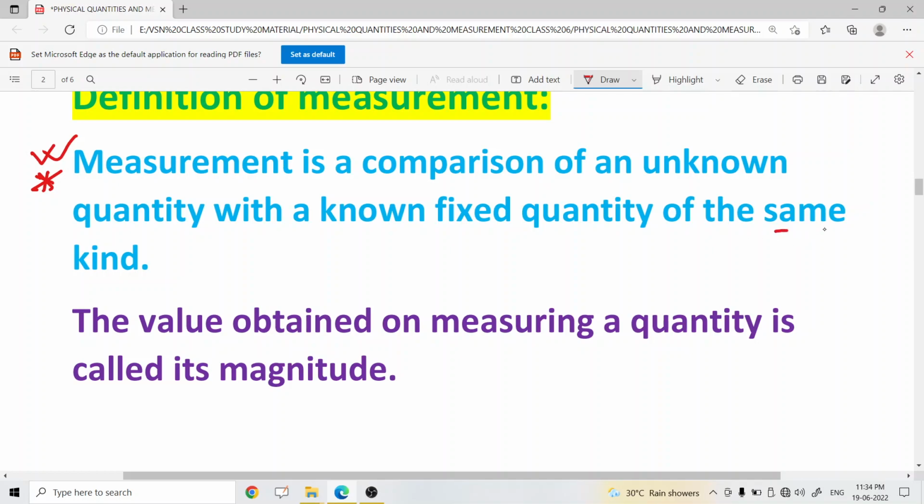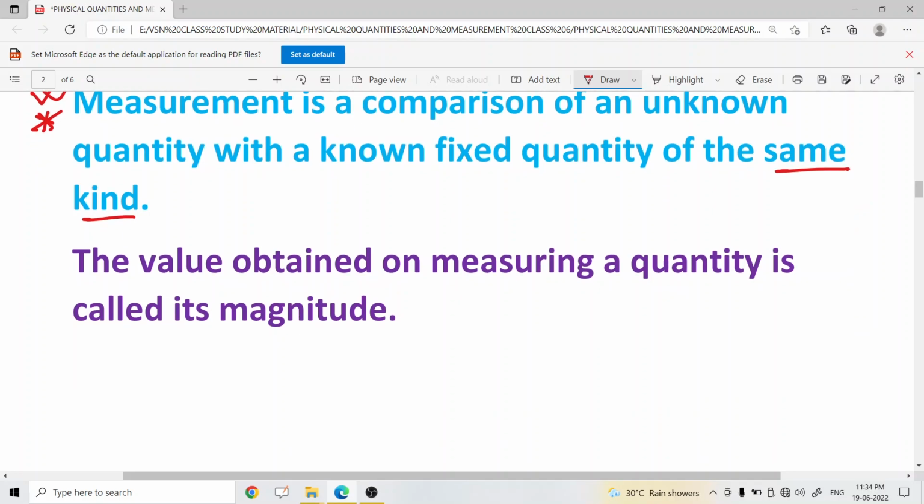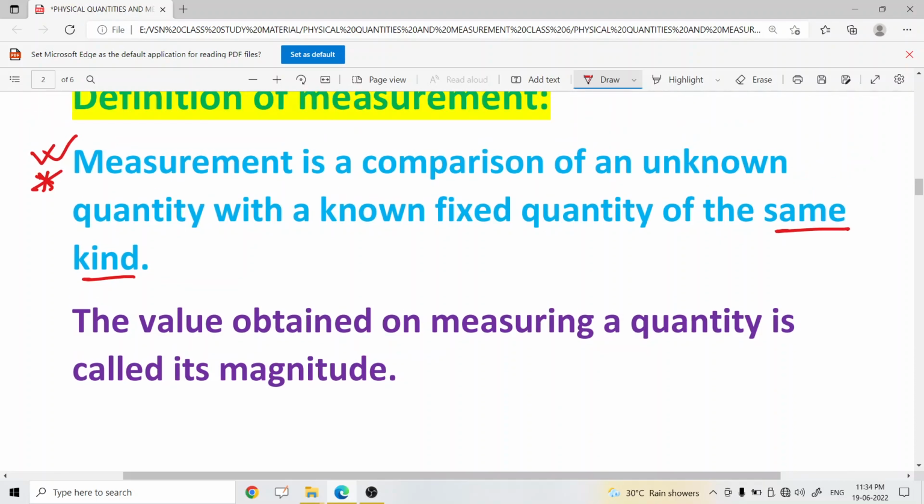This is very important. Same kind means if we want to compare length, then we have to take two lengths. Or if we want to compare mass, then we have to take two masses. So that's why we can easily compare and take it as measurement.